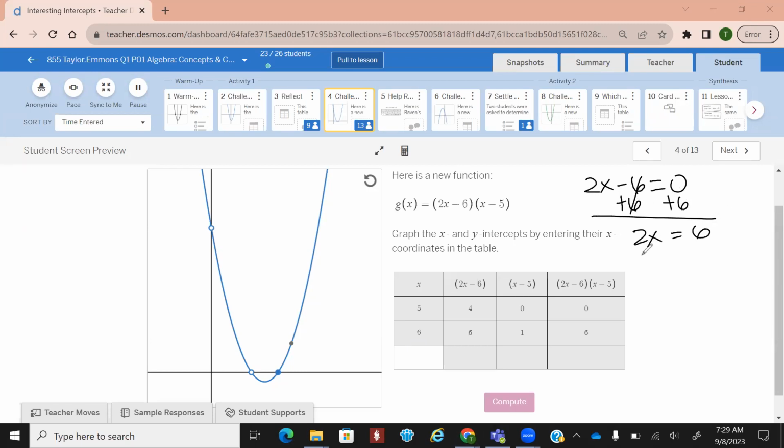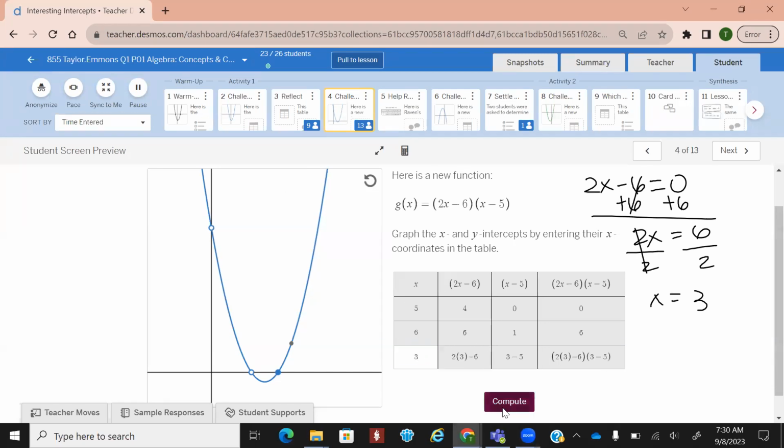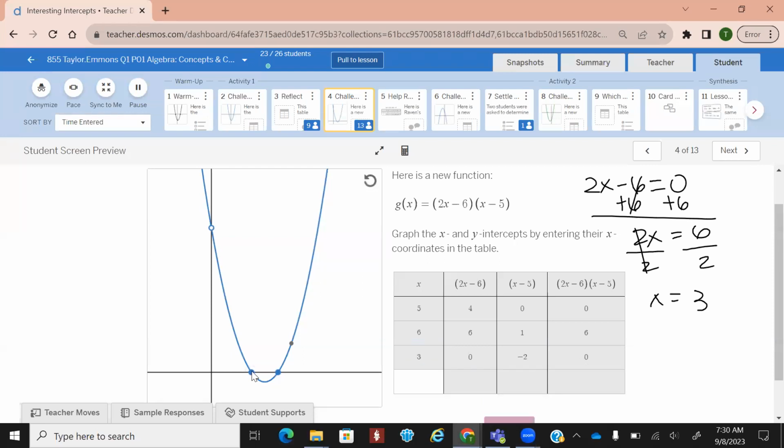And then what's the next thing? Divide by 2. So that would give me x equals 3. Let's see if that works. If we plug that in, that gives us 0. So is that an x-intercept? Yeah. Okay. What about our y-intercept? How do we find that? So we plug in 0.